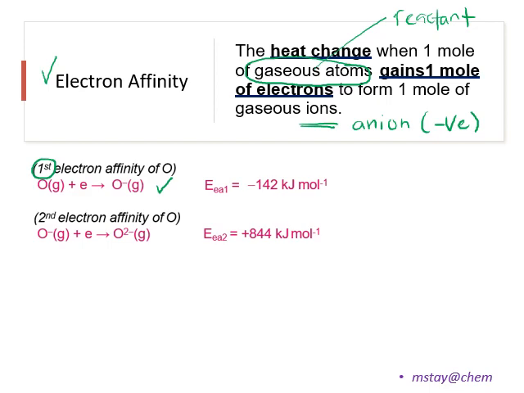Once the O- continues to gain another electron, this energy is known as the second electron affinity.